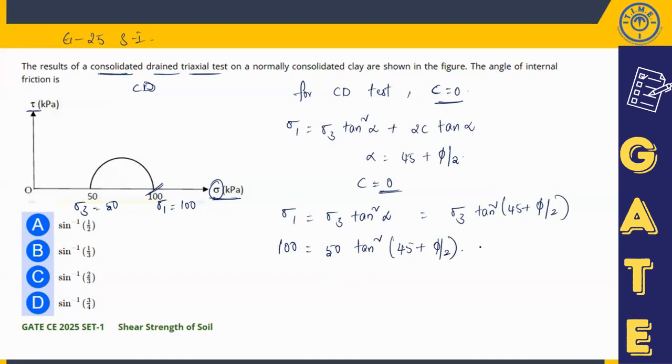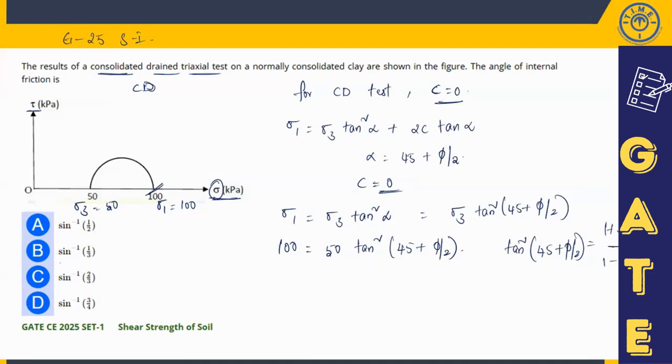Because I was given the answers in sine, we need to convert tan square to sine. Tan square of 45 plus theta can be written as 1 plus sine 2 theta by 1 minus sine 2 theta, where theta is phi by 2.